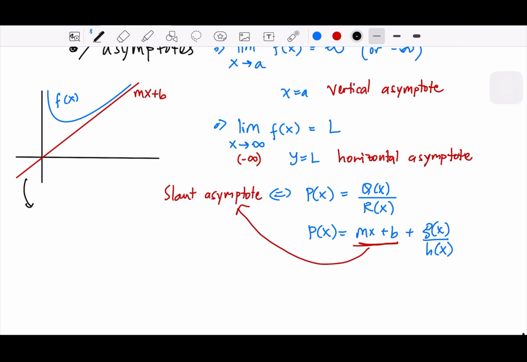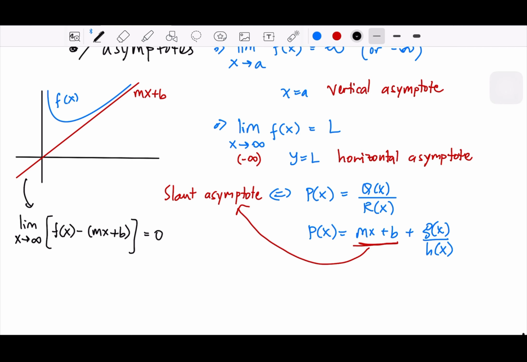So we are going to define this in terms of limits. As x is getting larger and larger, f of x subtracted by mx plus b will be getting close to 0. So this is actually the definition of the slant asymptote: mx plus b is a slant asymptote if the limit as x approaches infinity of f of x minus mx plus b is equal to 0. So we get this slant asymptote.